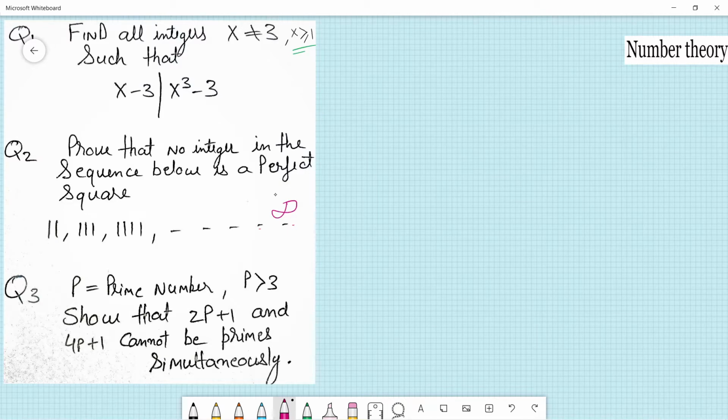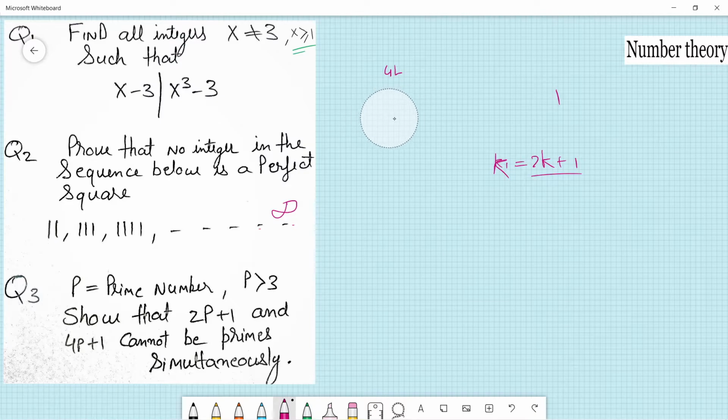Okay, so let's try to observe something. What we do know from the previous video is all perfect squares are of the form 4k or 8k plus 1, and 8k plus 1 can also be written as 4k1 plus 1, where k1 we have taken to be 2k plus 1.